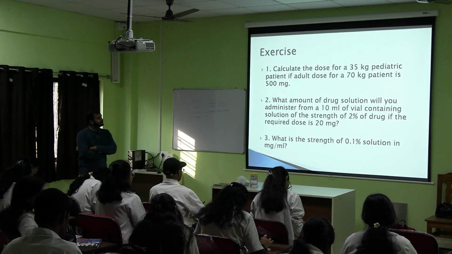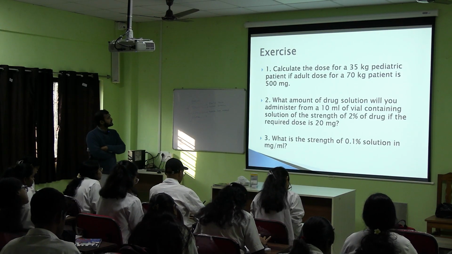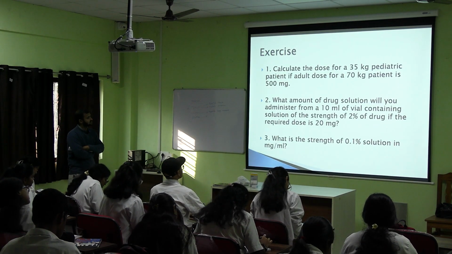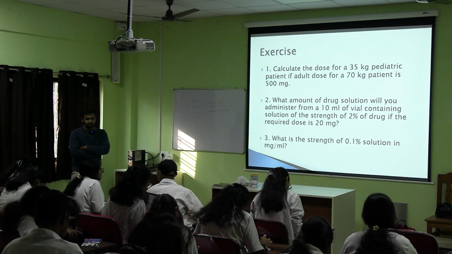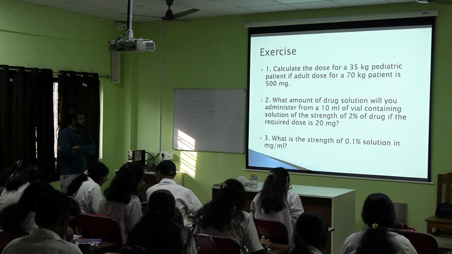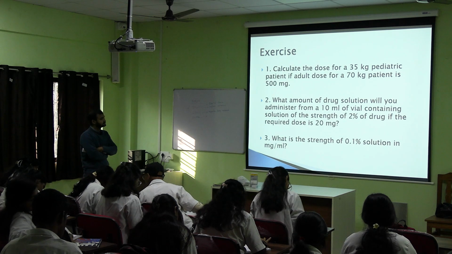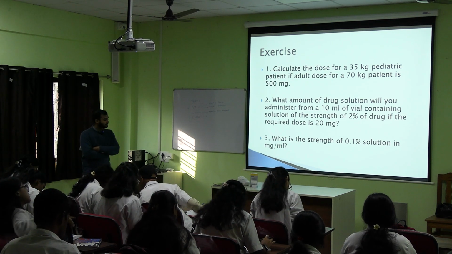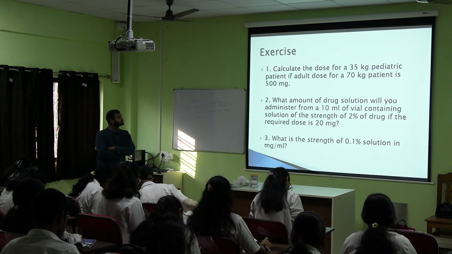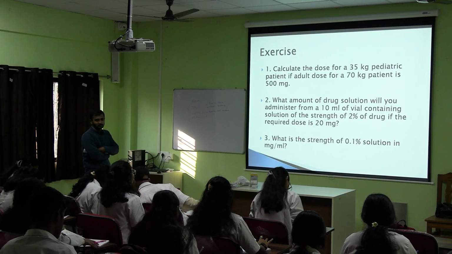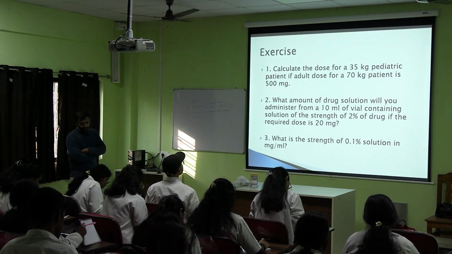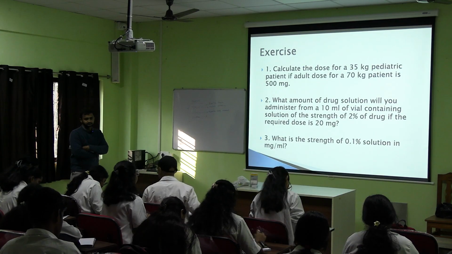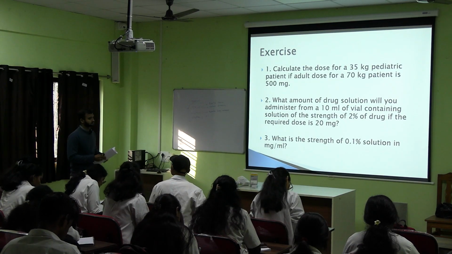What is the dose for this 35 kg pediatric patient if the adult dose, for a 70 kg patient, is 500 milligram? What is the formula? Adult dose by... Okay, do it. What is the result? 250 mg.